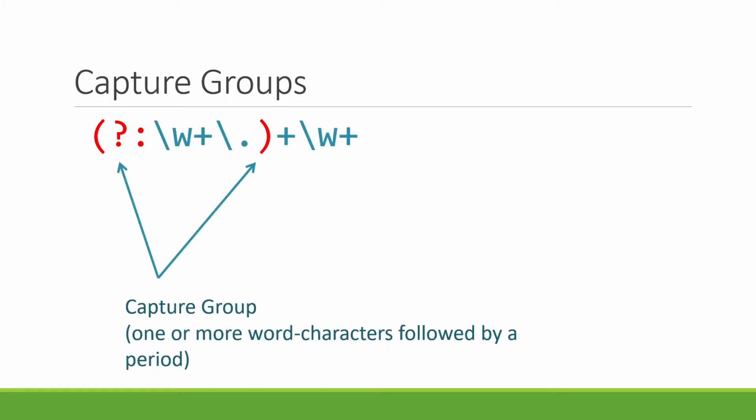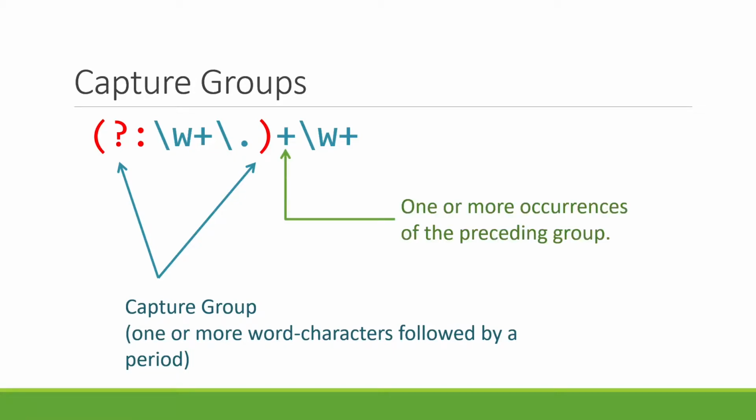The capture group includes one or more tokens. In this case, it's a \w, which is a word character, followed by the plus quantifier, so one or more word characters, and that's the period escaped, so that's the actual period character. So one or more word characters followed by a period. This entire group of tokens inside the parentheses can then have a quantifier applied to it, like in this example, in this case, the one or more.